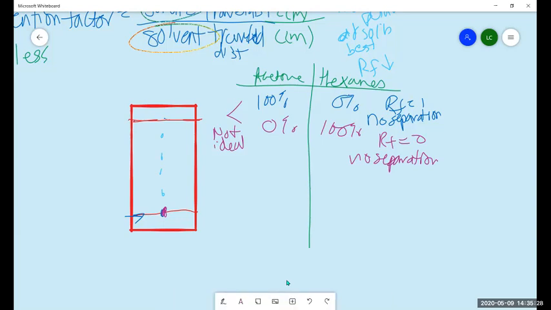probably noticed that your best TLC mixture was made of like 45-55 acetone, hexanes, 35-65, something like that, maybe 50-50.